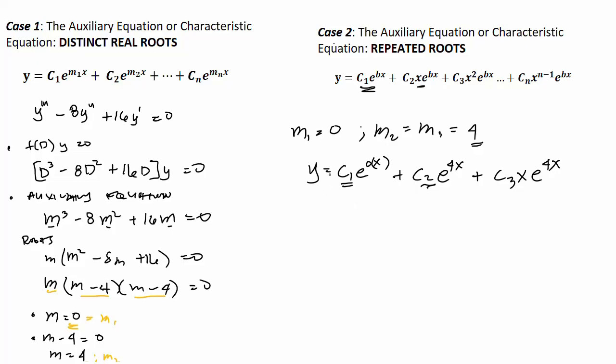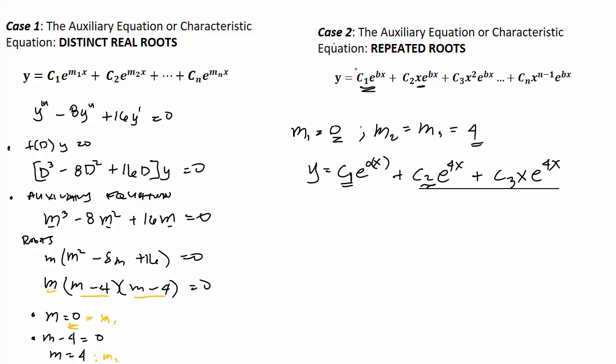Okay. So again, we have c sub 1 e to the 0x, and for the repeated root, we need to start from this term, but instead of using c1, because we already have c1 here, let's use another constant and call it c2.